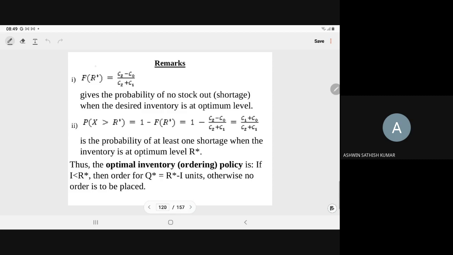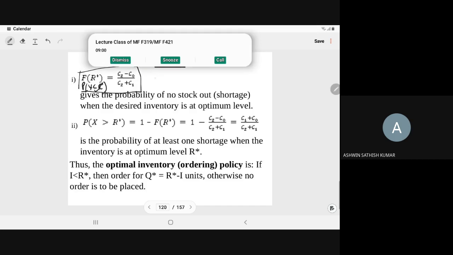Now, what is the meaning of F(R star)? It is the probability that X is less than or equal to R star. It is the probability of no stock out, meaning whatever the demand, you are able to fulfill all of it, when the inventory level is at the optimal level.